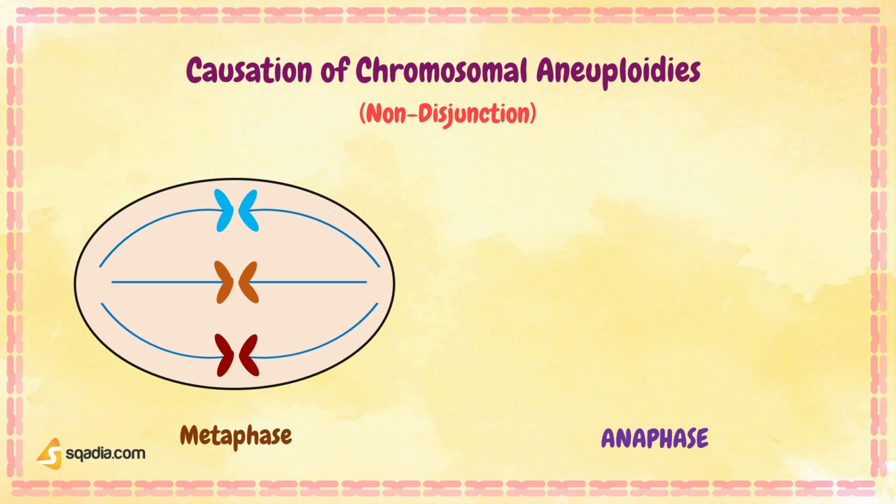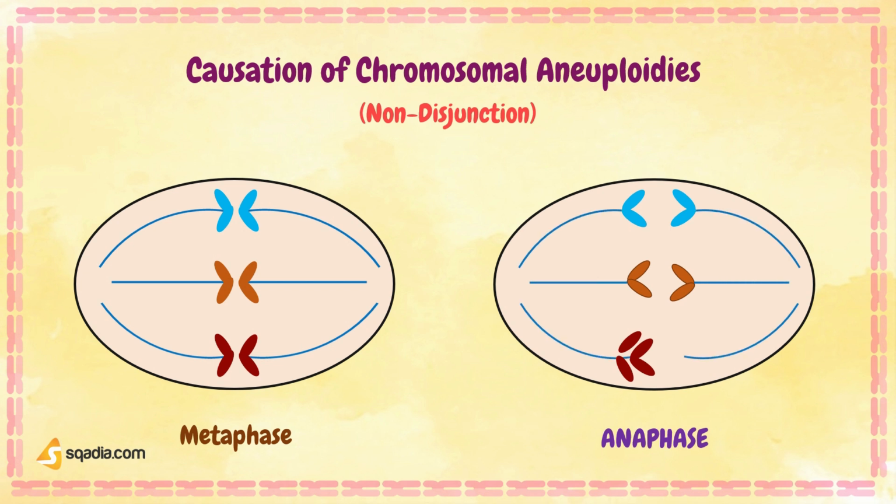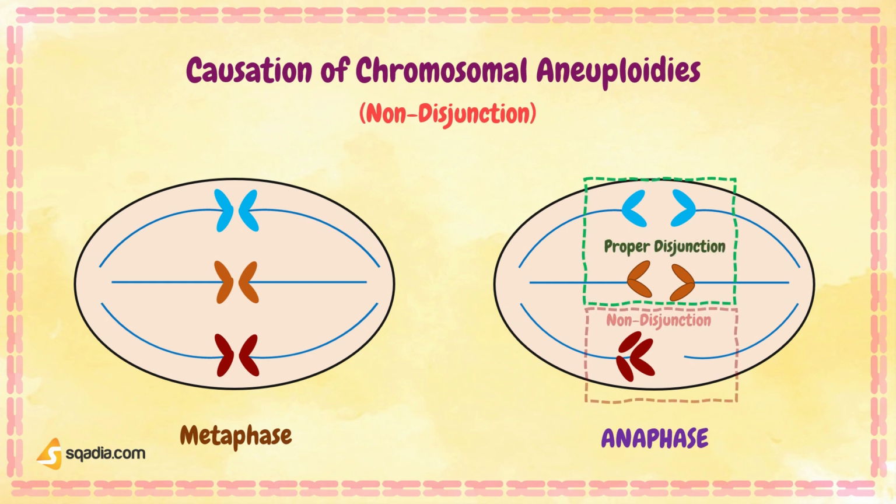In anaphase of mitosis, where sister chromatids separate and the microtubules pull them in opposite directions, the chromosome, shown in red, fails to separate properly. Its sister chromatids stick together and get pulled to the same side, resulting in mitotic non-disjunction of this chromosome. This is proper disjunction, but this is non-disjunction.